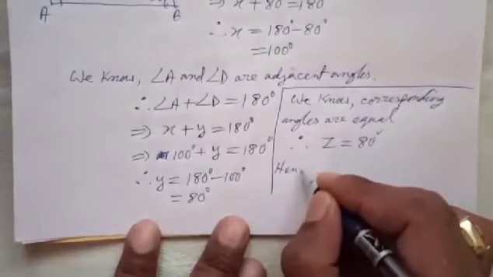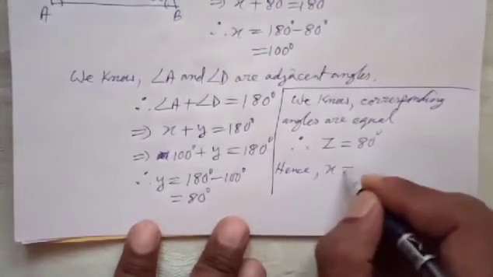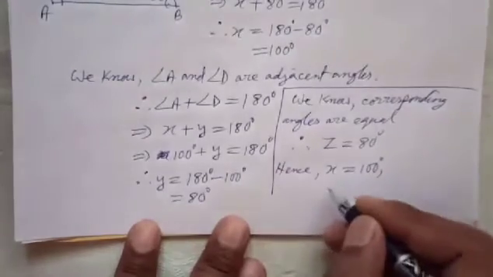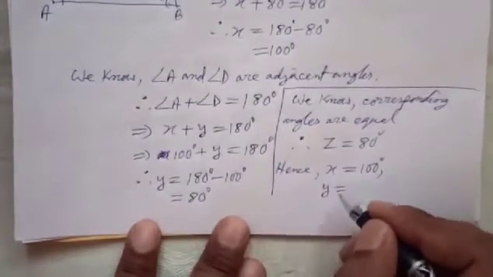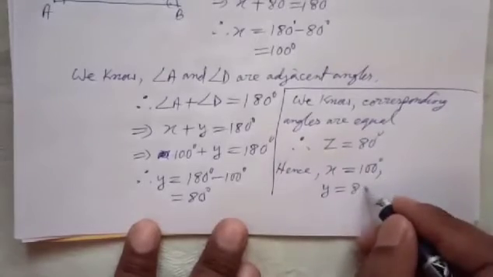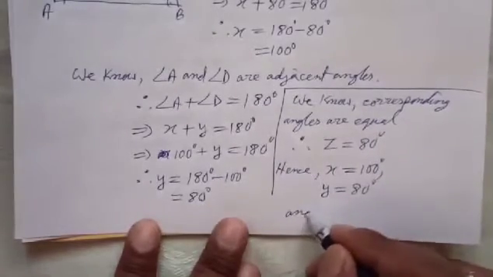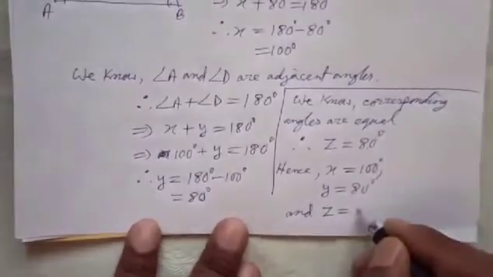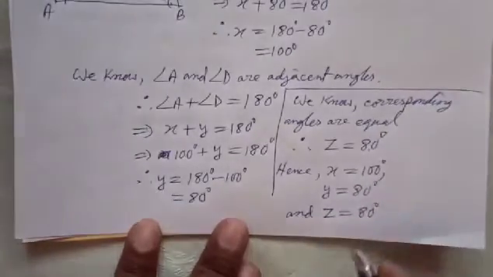Hence, x is equal to 100 degrees, y is equal to 80 degrees, and z is equal to 80 degrees. Here it is over.